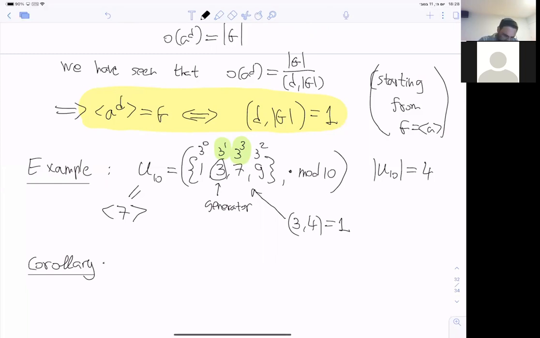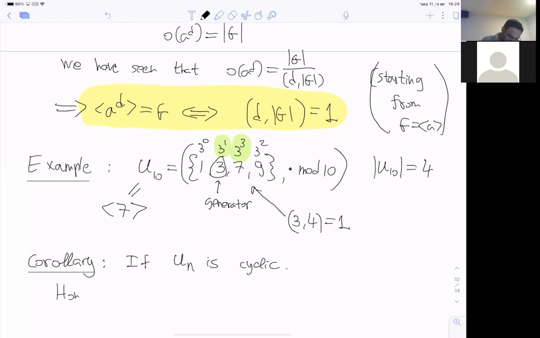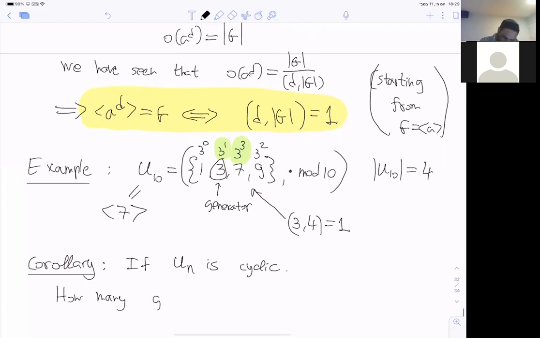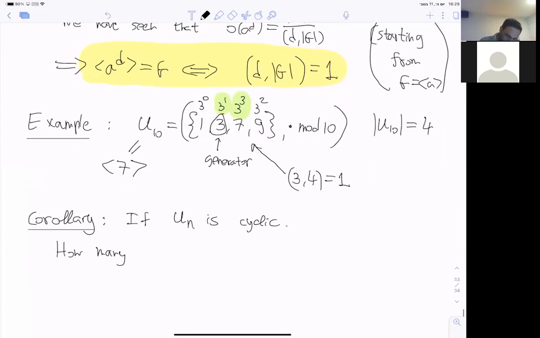Okay. If the Euler group in general is cyclic, how many elements can each one alone be a generator?